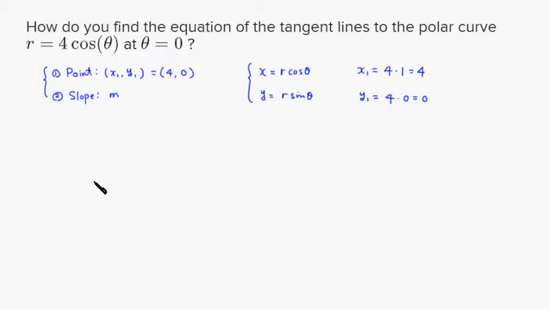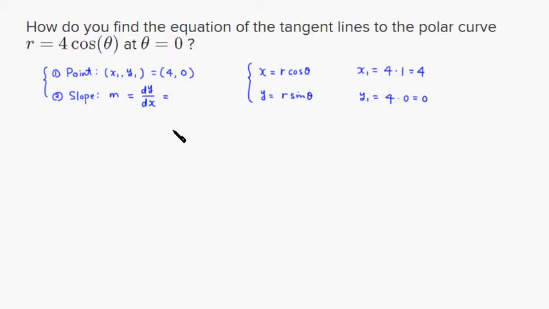Now we want to find the slope. The slope m can be found by looking at the derivative of y with respect to x. But if you look at this polar equation, it's kind of hard to get that directly. So maybe we should do it with respect to either r or theta.